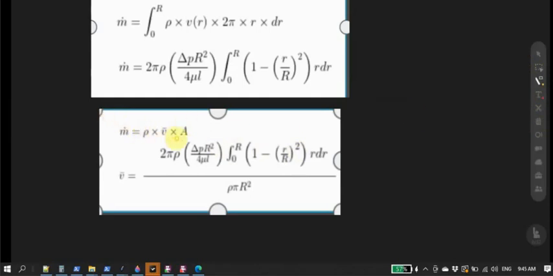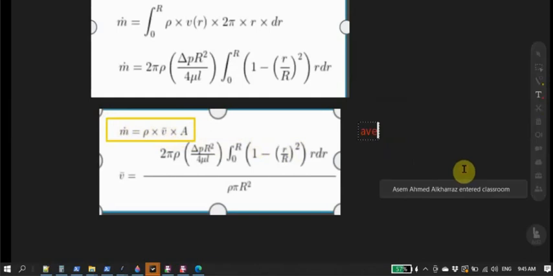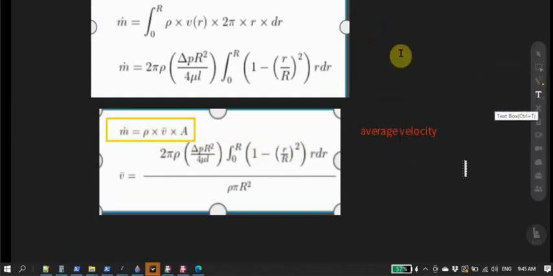So this one is based on average values, and this one is based on local velocity.